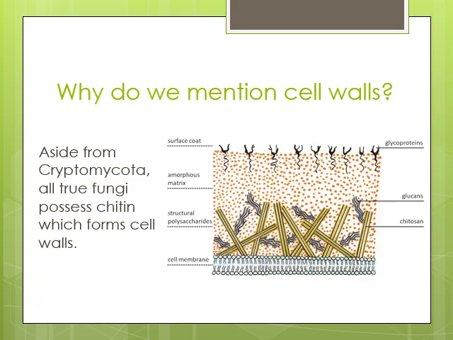Aside from that cryptomycota, all true fungi possess a chitinous cell wall. So chitin is sort of like cellulose in plant cells. It's a carbohydrate that sort of stacks and creates a very rigid structure. So most fungus have a cell wall made up of chitin.